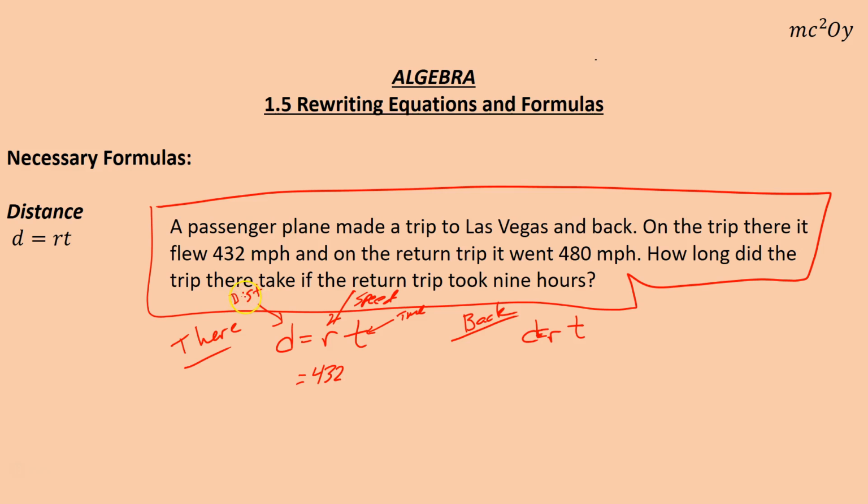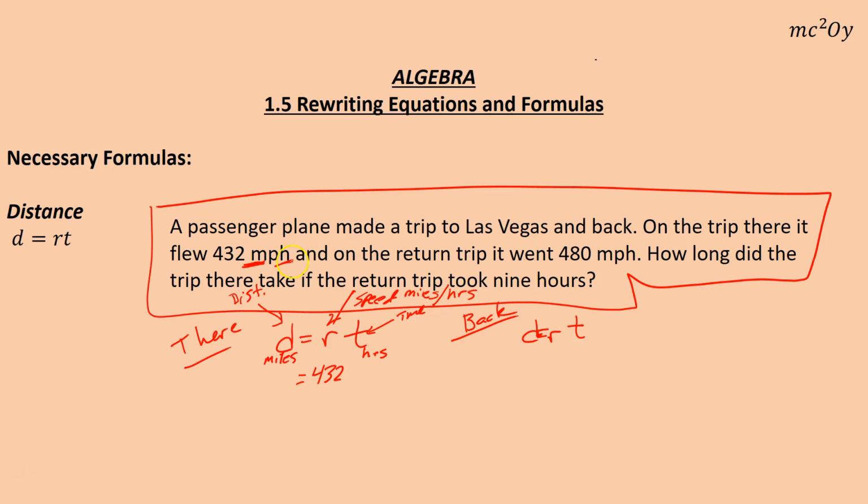Remember, your rate is always going to be in terms of whatever two labels you have on distance and time. So if we're going in terms of miles and our time is measured in terms of hours, our speed should be in miles divided by hours.